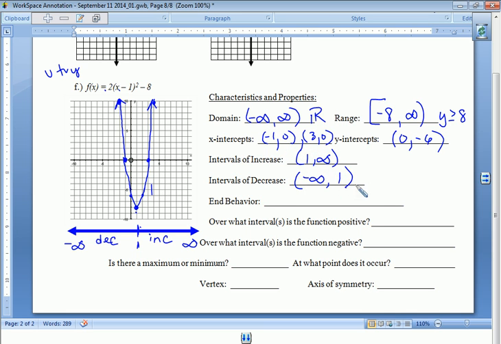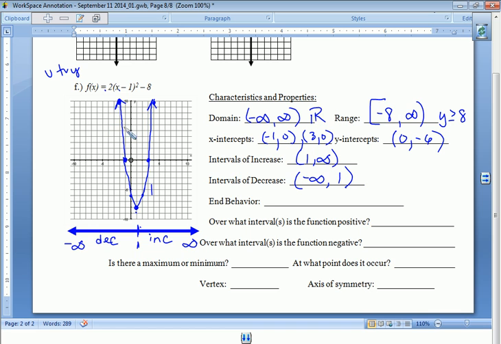Now, it's acceptable to use the parentheses or the bracket here. I always use parentheses because at this point for me, I don't consider it increasing or decreasing. But I've seen both used. You can use either.